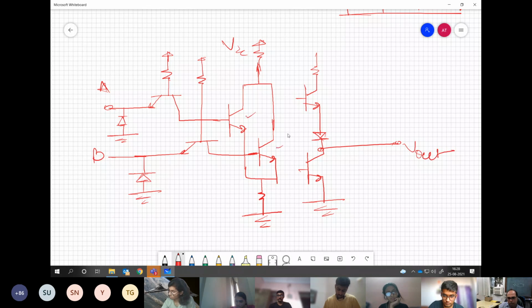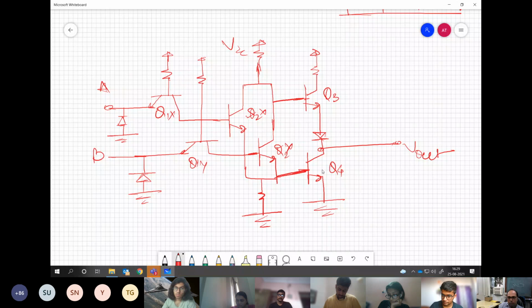Now, even if one transistor conducts, okay, so what we have not done is connecting this. So if we name them Q1X, Q1Y, Q2X, Q2Y, to simplify our understanding, to make Q4 conduct, if either of the Q2 transistors is turning on, that is sufficient.